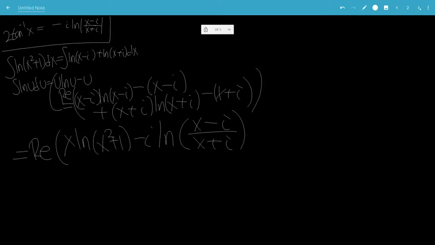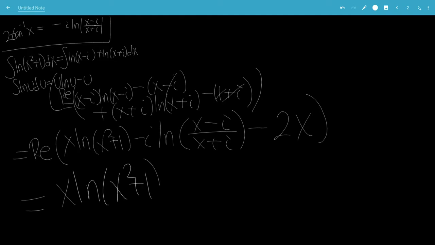And then finally, minus i and plus i will cancel because they're opposite sign. Minus x minus x is minus 2x. So the real part of x times ln of x squared plus 1 is itself, because they're already real numbers: x times ln of x squared plus 1.